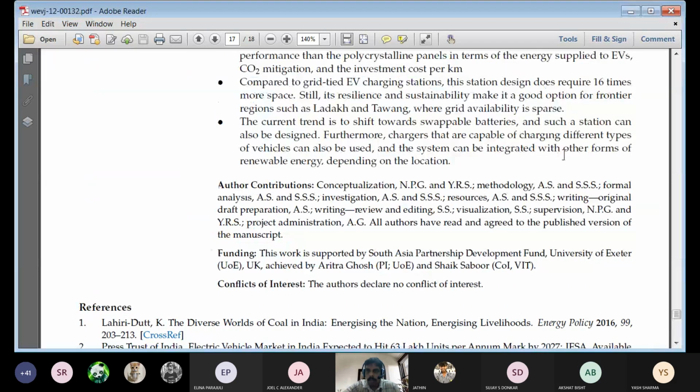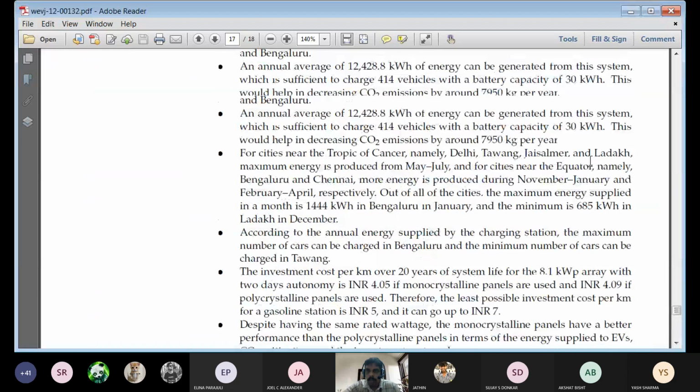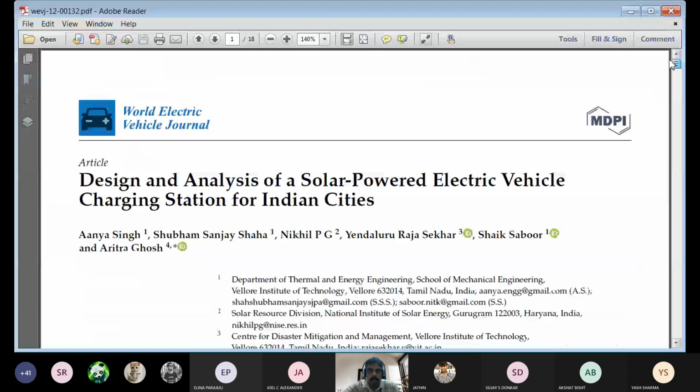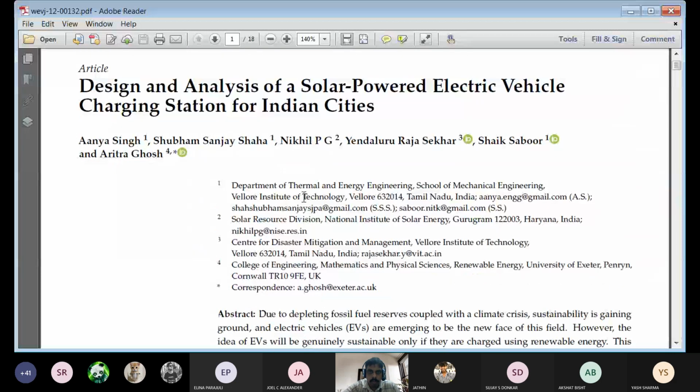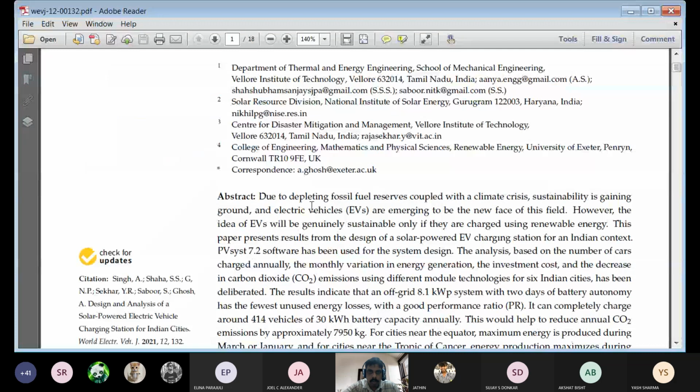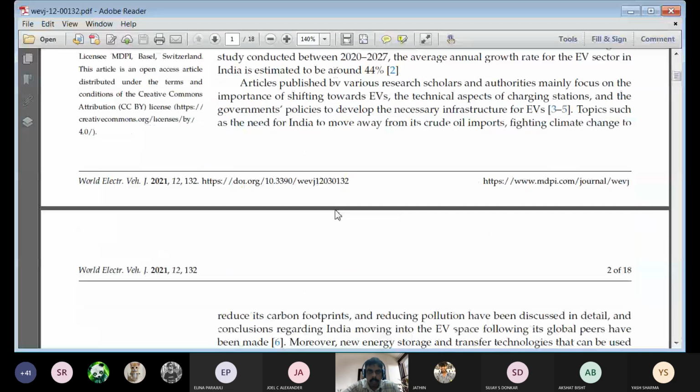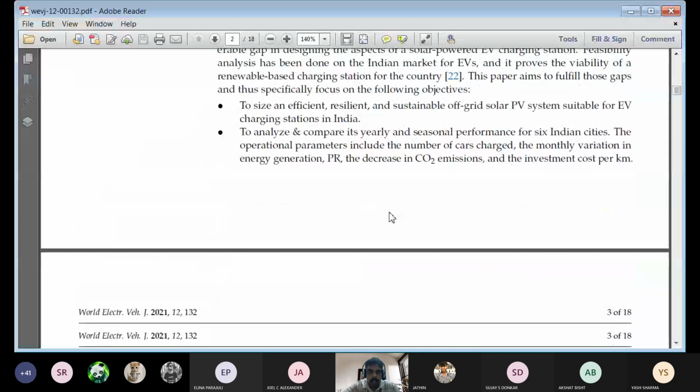So this is a journal paper, design and analysis of solar powered electric vehicle charging station for Indian cities. Okay. So some of the authors are from VIT. What have they done, what is the necessity? That is the introduction and abstract. So what is their objective?